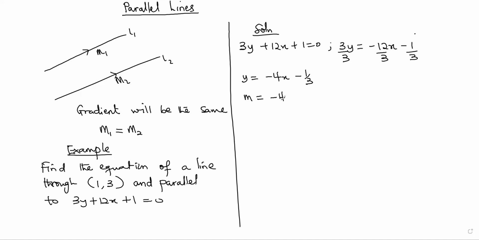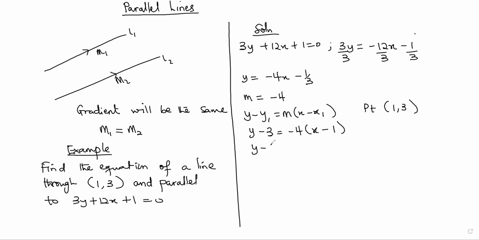Then we are to find the equation of a line, which is y minus y1 equals m times x minus x1. So the point given is (1, 3), and so we have y minus, your y1 is 3, your m is the gradient, which is negative 4, then your x1 is 1.